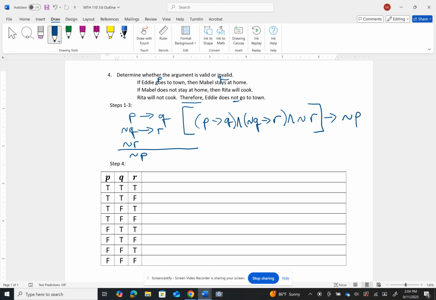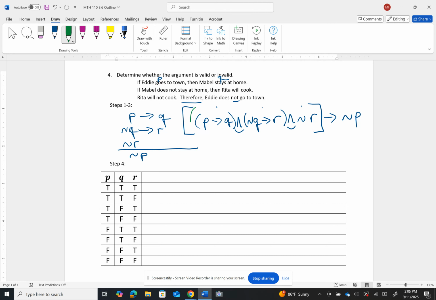Now, when you're working on this and trying to figure out where your final answer is going to be, on that first part, the part that's in brackets, these are both ands. So the order in which you do these three statements doesn't really matter once you're ready to hook them together. But I'll probably do it like this.